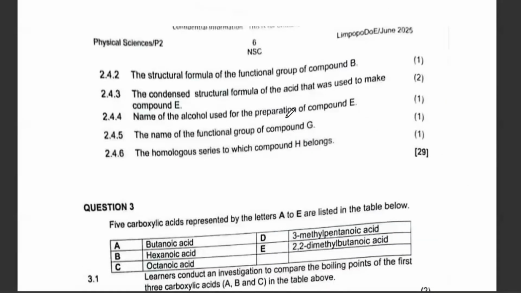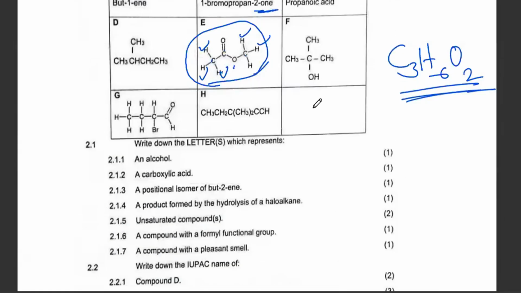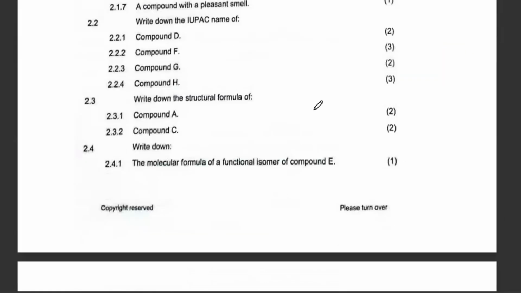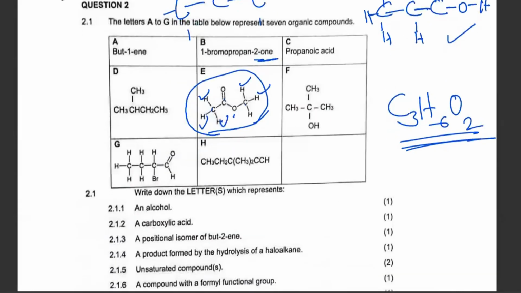Condensed structure formula of the acid that was used to make compound E. Oh, here. If this is an acid they are talking about, and an ester, so which one is an acid?